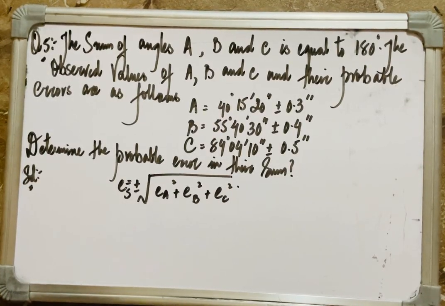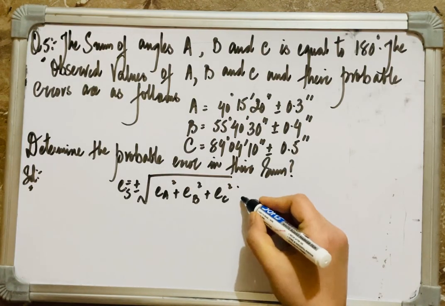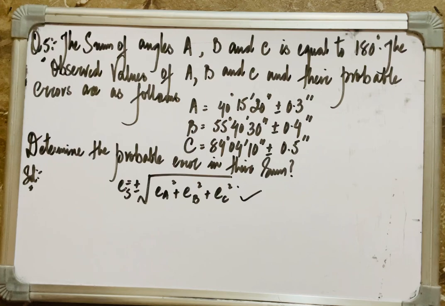This is the general expression for how errors propagate, whether probable errors or standard errors, in case of an addition or subtraction. Both have the same general expression: the probable error in the sum will be equal to plus minus square root of the summation of squares of the individual probable errors in each of the angles.